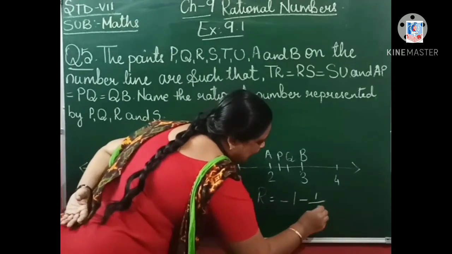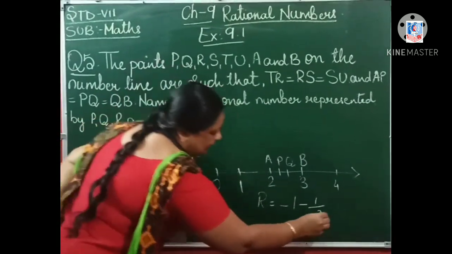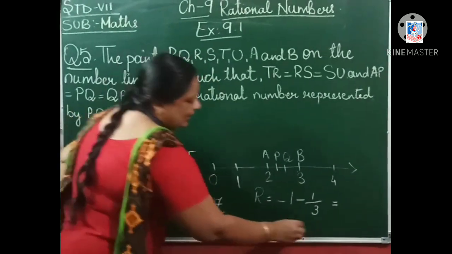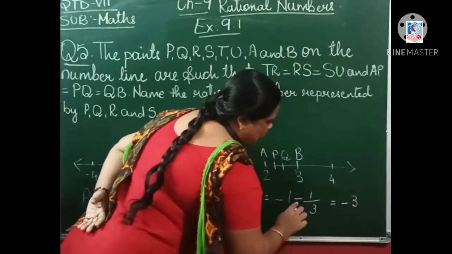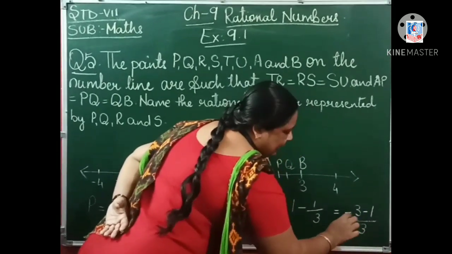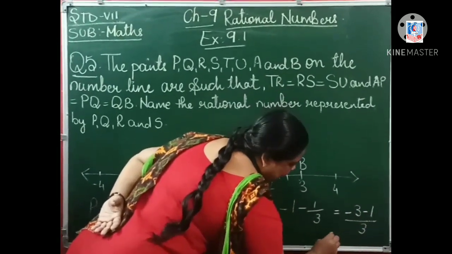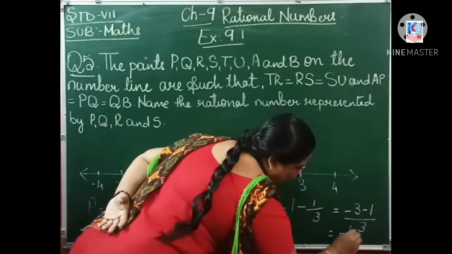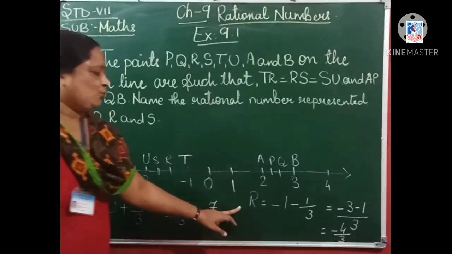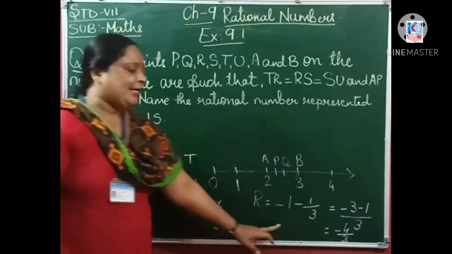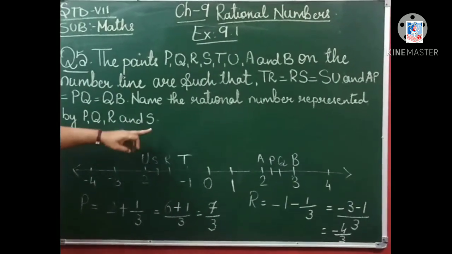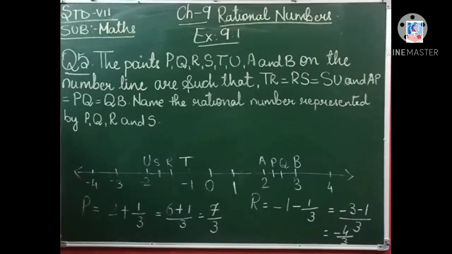Same, minus 1 into 3, minus 3, minus 1 by 3. Minus minus plus. So minus 4 by 3. Therefore, R is equal to minus 4 by 3. Now, you will find the value of S like the same. Is it clear?